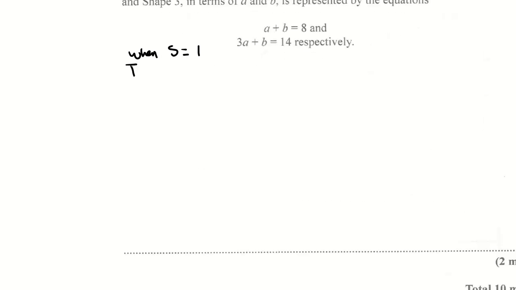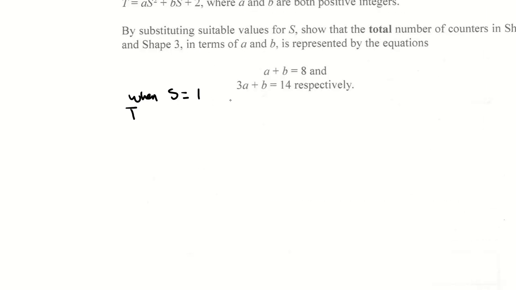When s is equal to 1, we saw that the total is 10, right? Let's just zoom in and I'll write that down. When your shape number was 1, your total number of counters from the previous diagram was 10. So T is equal to as squared plus bs plus 2.